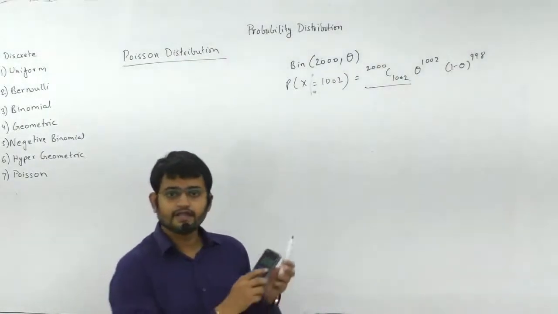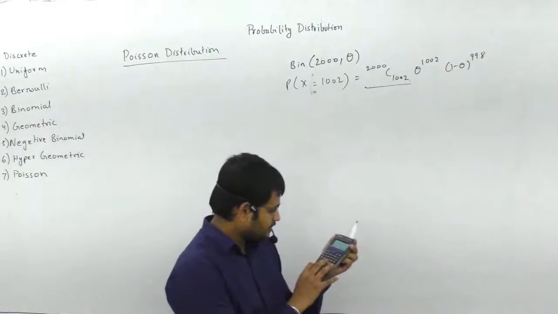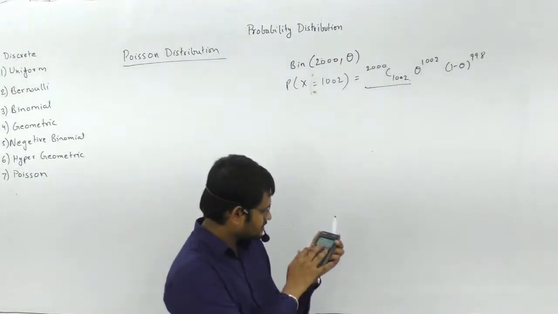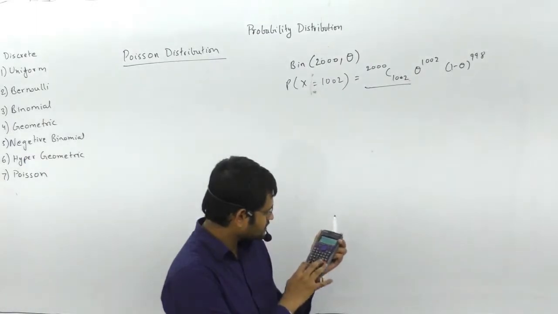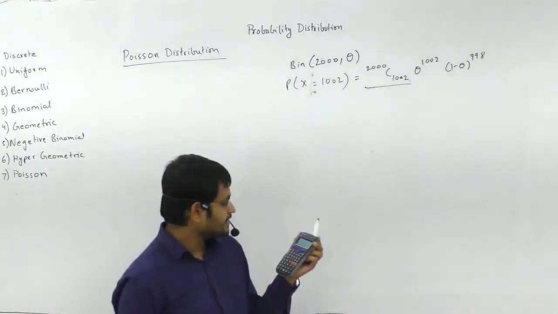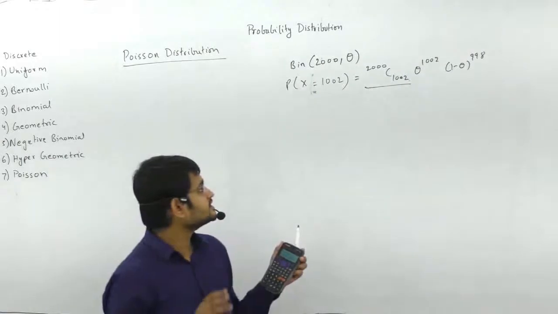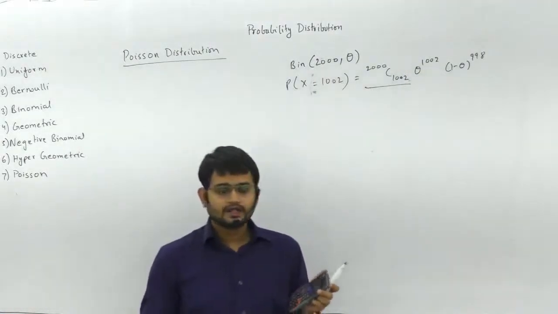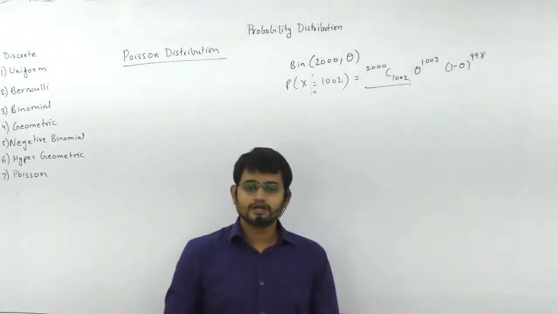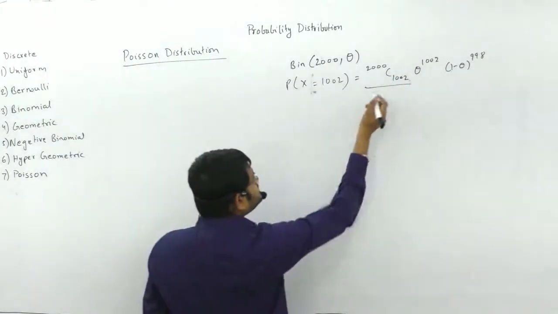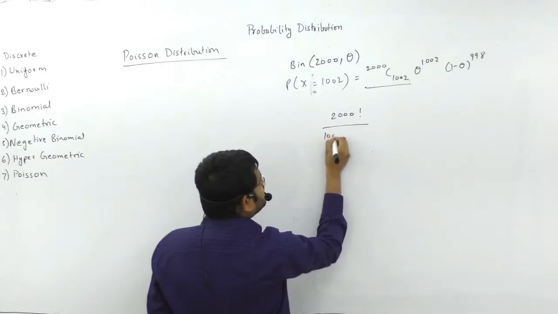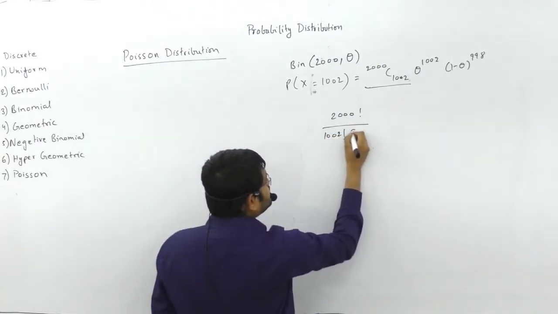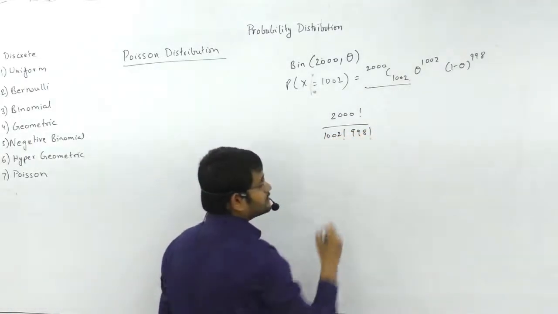If you use your calculator with 2000 shift c and 1002, you will find that it says math error, because it's such a large value that our calculator cannot calculate it. It is 2000 factorial by 1002 factorial 998 factorial.